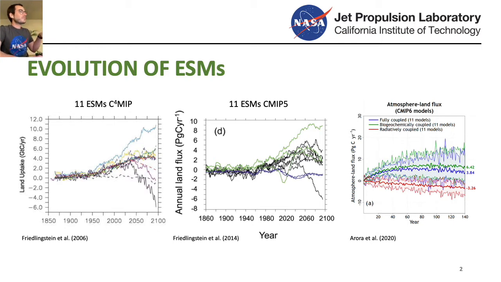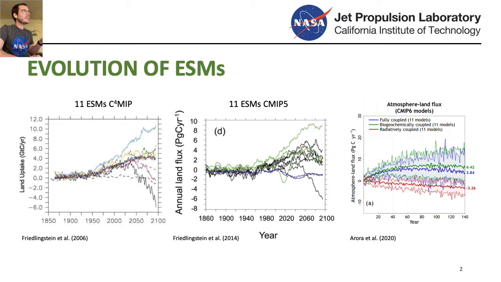And what we see is that since 2006, and then again in 2014, and apparently it keeps doing the same thing this year, the Earth system models disagree not only in the magnitude of the land uptake, but also on the sign of the land uptake.